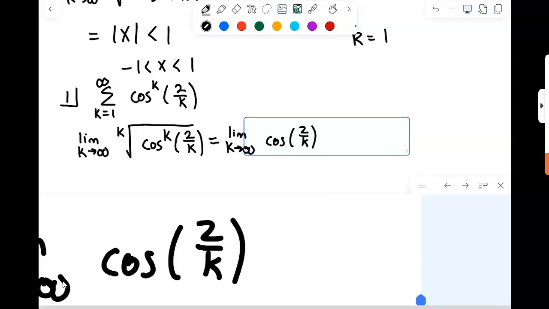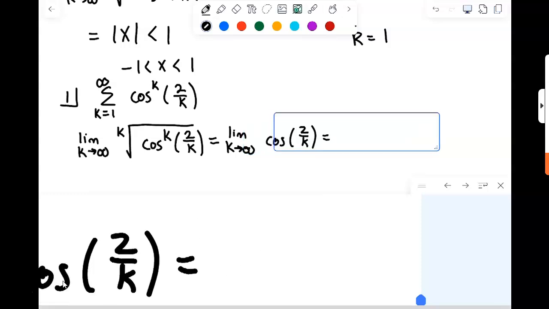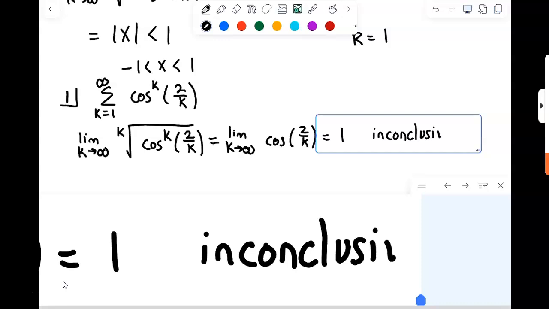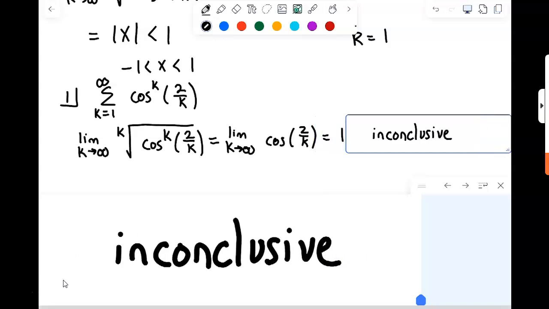But cosine of 2 over k, as k goes to infinity, 2 over k is going to go to 0. Cosine of 0 is 1. And so, unfortunately, the root test is inconclusive here.